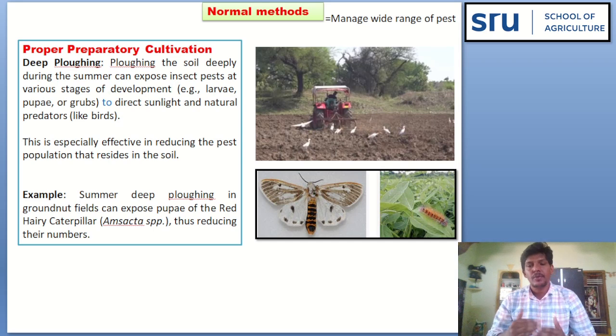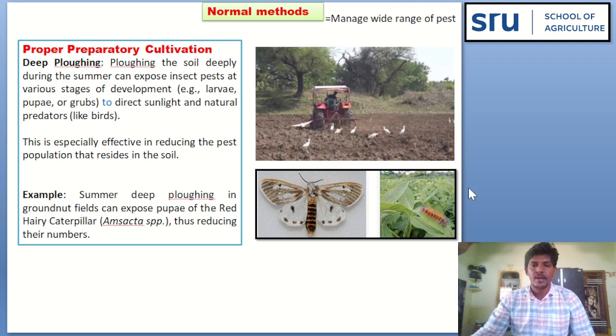Deep summer ploughing can expose various stages of insect pests to the direct sunlight and natural predators like birds. And this method is most effective in reducing the pest population that lives in the soil.